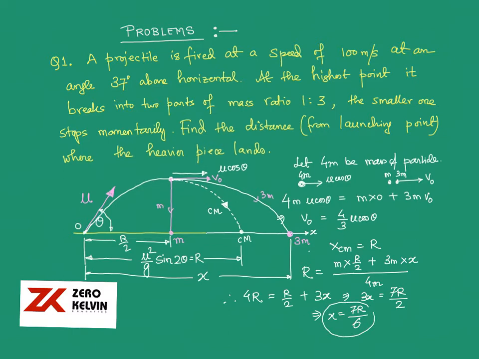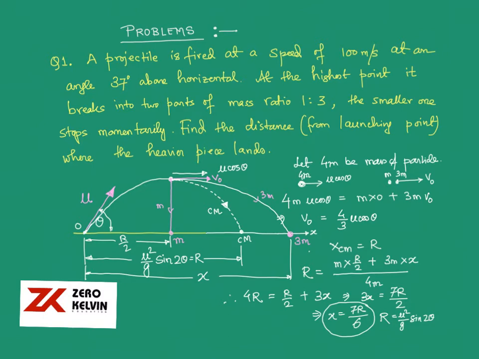So in place of r you can substitute the value. R is equal to how much? U square by g sine 2 theta, where for u you have to substitute 100, for theta you have to substitute 37 degree. So in fact here finding out this velocity as v naught 4 by 3 u cos theta is not needed at all in this problem.